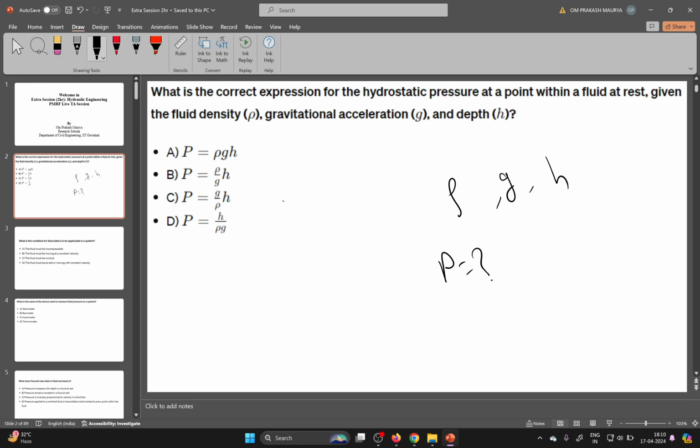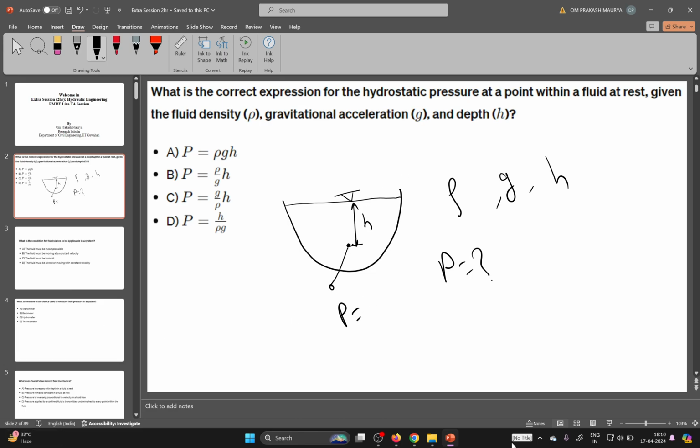If the water is in the static condition, there is no velocity, or the water is moving with a very constant velocity. So let us suppose this is the depth H. Here is the pressure. What is the pressure? P is equal to what?